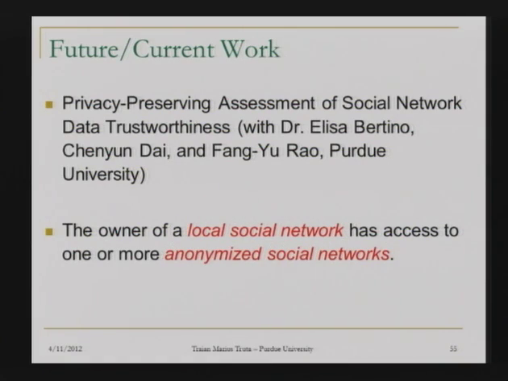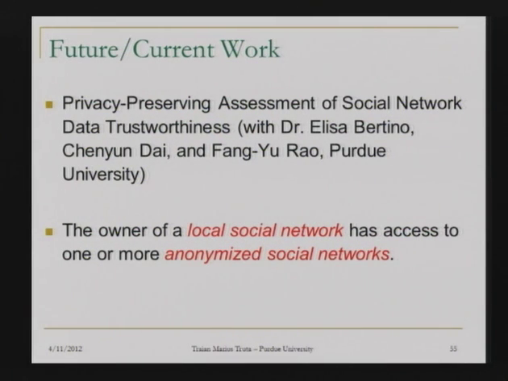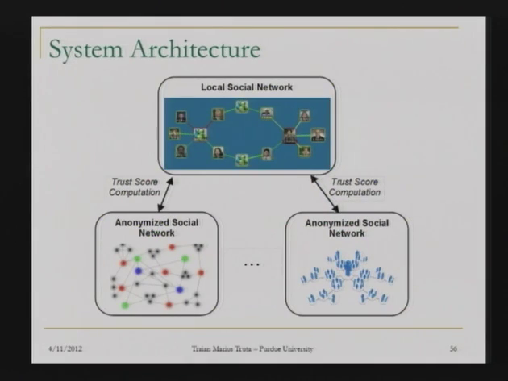Now, in terms of future and current work, we are currently investigating how those anonymized social networks can be used for other problems, in terms of whether they are useful for various usages. And we are currently working on privacy-preserving assessment of social network data trustworthiness, and this is joint work with Dr. Elisa Bertino, Chenyun Dai, and Fengjun Rao from Purdue University. And the idea is that an owner of a local social network may have access to one or more anonymized social networks, as explained before, and they can even be anonymized using a different model than what I had on those slides.